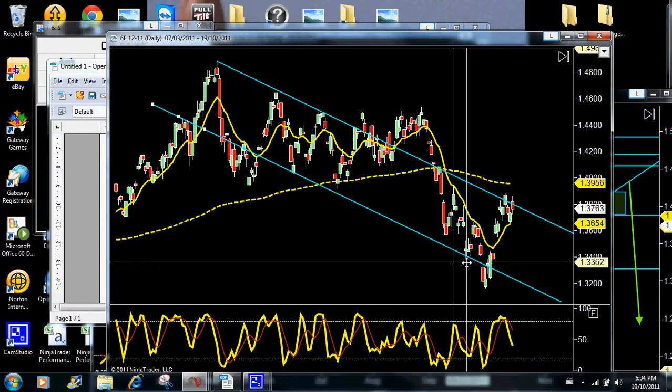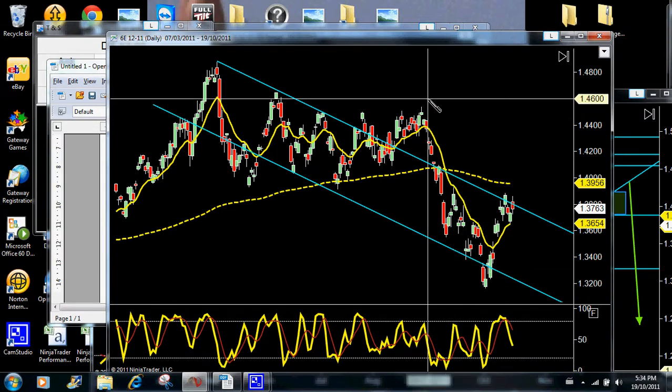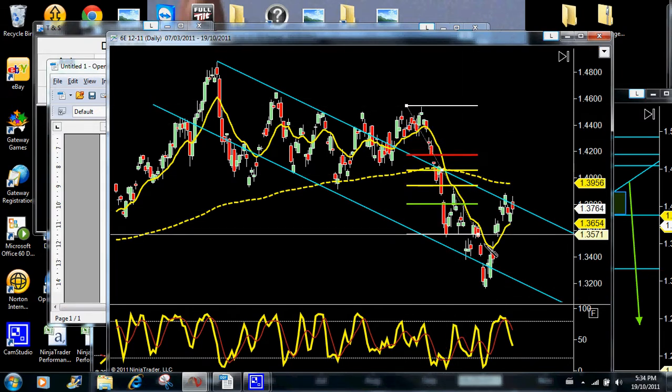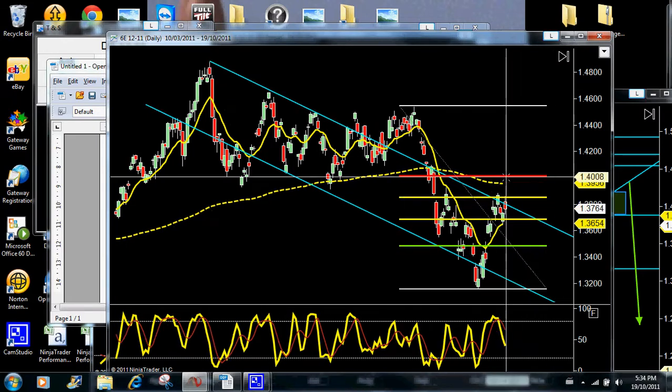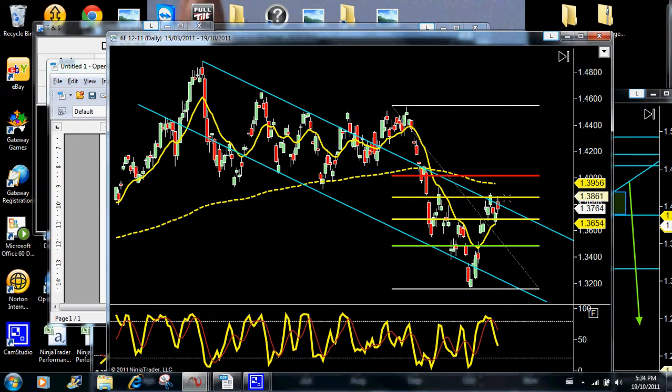Where we are right now, we might want to draw a Fibonacci extension from this point right here to see where a good place to get short would be again. If you were trying to get short right here, then I think we should place a stop up here around 1.4020 or so, right above this 61.8 fib retracement.